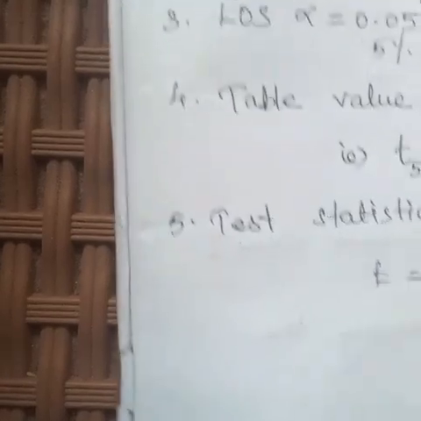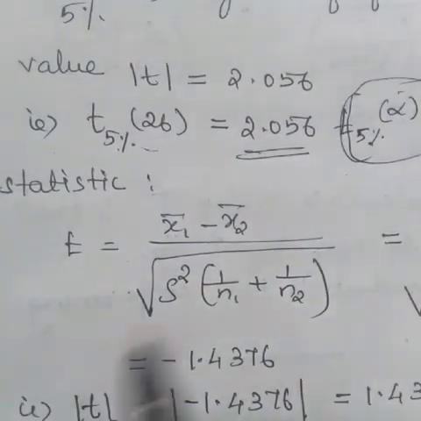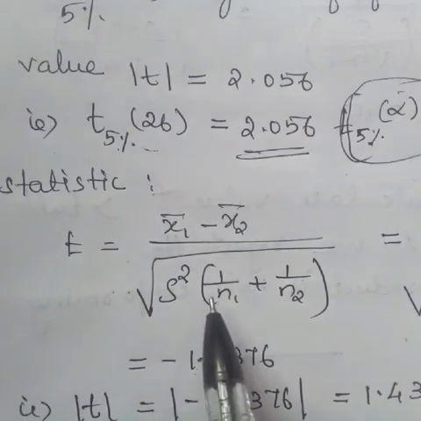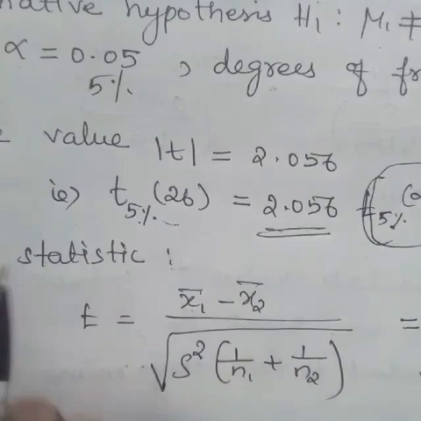The next is the calculation part, the t test calculation. We already saw the formula. T is equal to x1 bar minus x2 bar, the whole divided by square root of s square into 1 by n1 plus 1 by n2. Now substitute all the values.